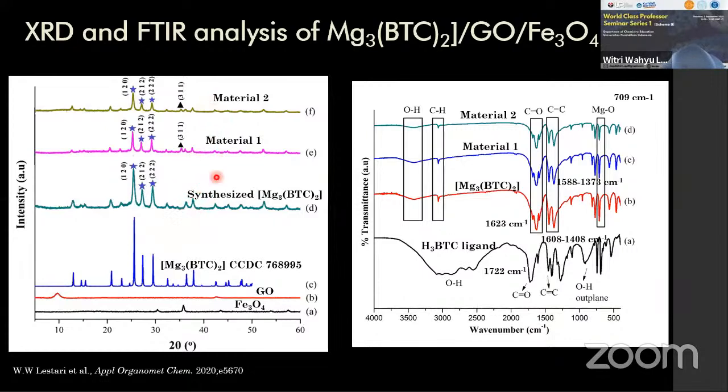It means the in situ and ex situ syntheses are successful and have no impact on the material. And then we also ran the FTIR, and 2 of the 3 materials are identical, and the presence of graphene oxide and also this iron nanoparticle are clearly observed here.